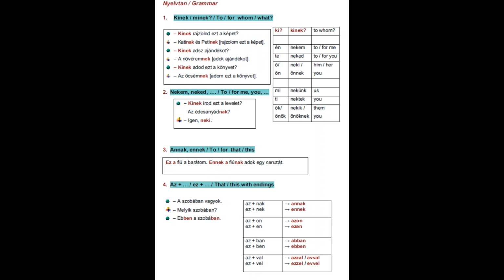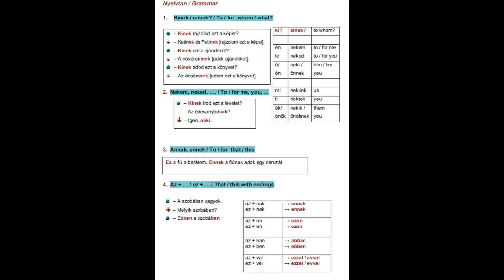"A szobában vagyok." I am in the room. "Melyik szobában?" In which room are you? "Ebben a szobában." In this room. Nagyon jó.